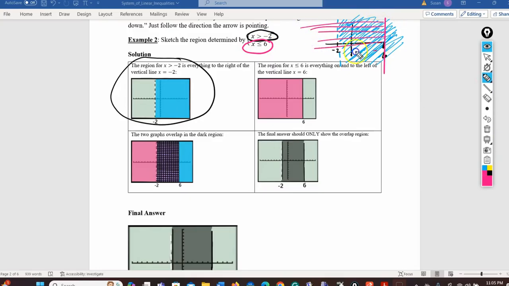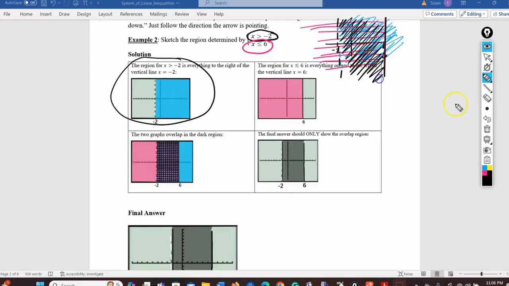Now the answer is going to be, when they're on the same graph, what is the overlap? I include this line, I do not include that line there, and I have everything in between, because that's where the overlap is.